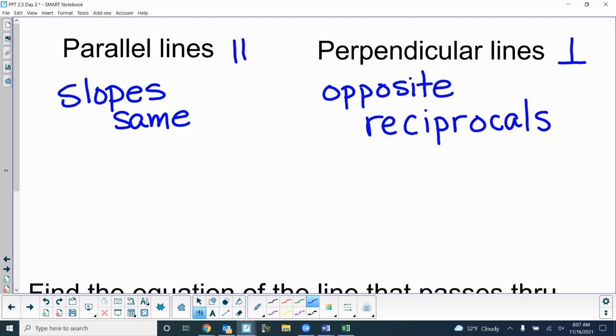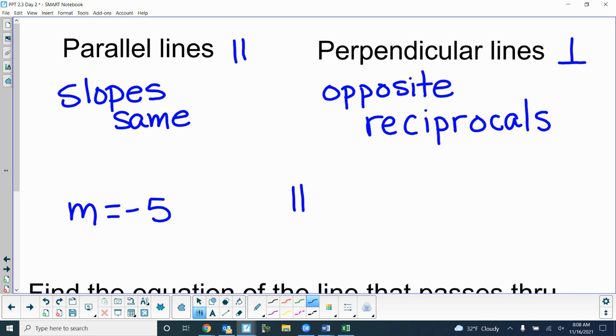So if I said the slope of a line is -5, let's say. Okay? What's the slope of the line parallel to that one? Parallel, I said. If the slope of a line is -5, what's the slope of the line parallel to it? -5. What's the slope of the line perpendicular?